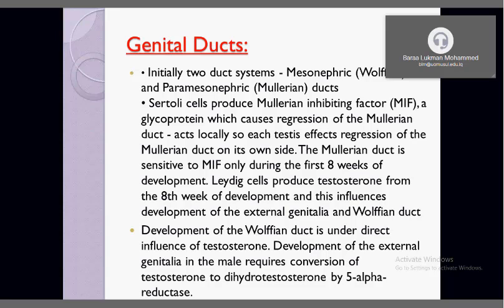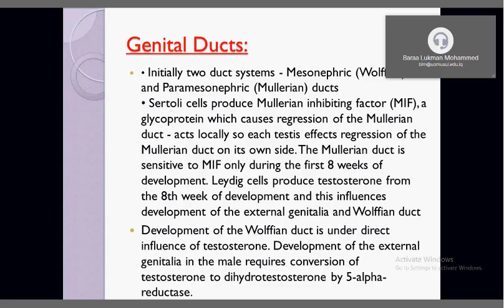While absence of this substance in the female, due to absence of the testis where the gonad is an ovary, will help the proliferation and differentiation of the Mullerian duct to develop the internal female genital organ.